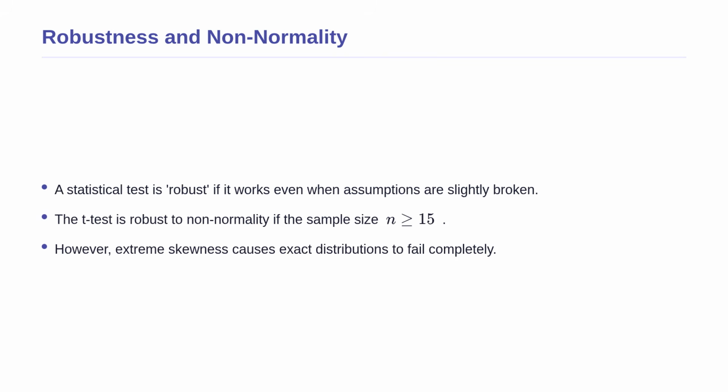Fortunately, the t-test is quite robust to non-normality as long as your sample size is at least 15. However, if your data exhibits extreme skewness, meaning it is heavily lopsided with a long tail to one side, the robustness rule completely fails. The exact distributions will give inaccurate probabilities.